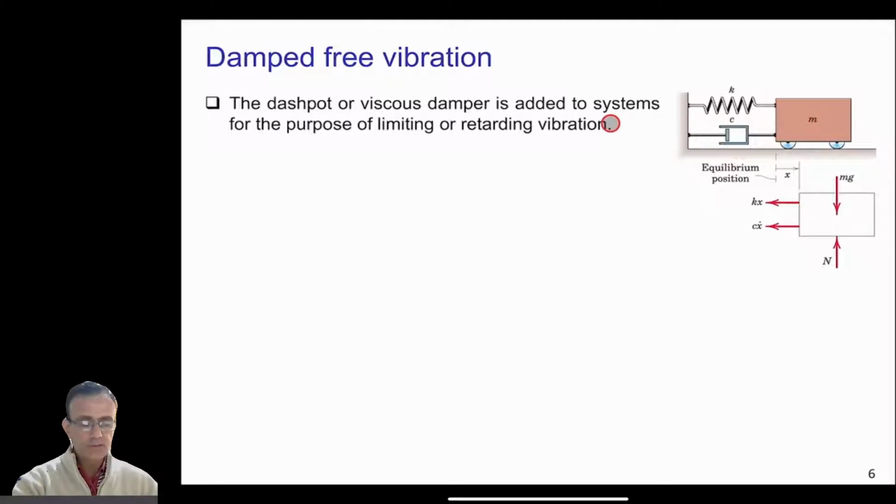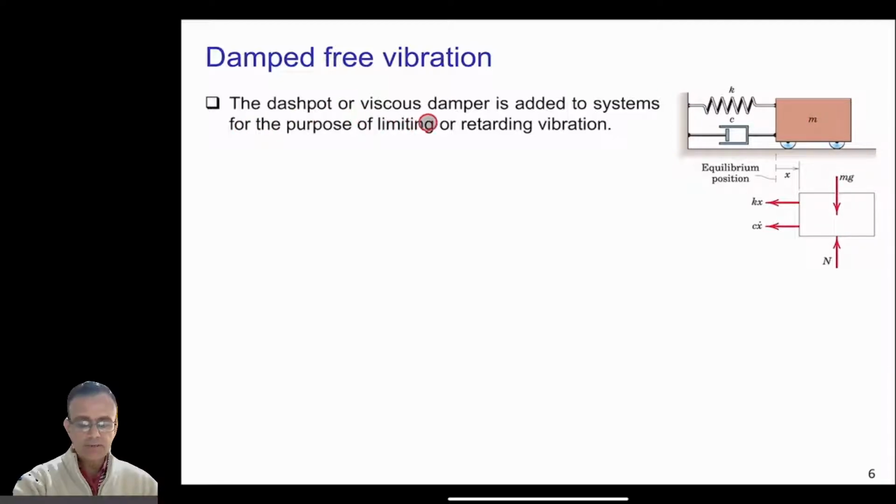So this is now the damped system, and if you vibrate this system, the vibration will be termed damped free vibration, because there is no force involved here. Once you give it a motion, you let it vibrate on its own.